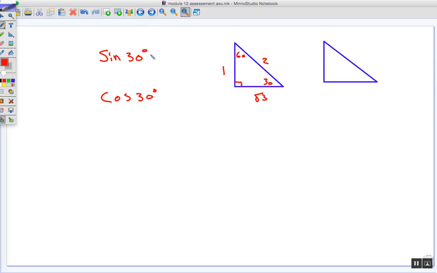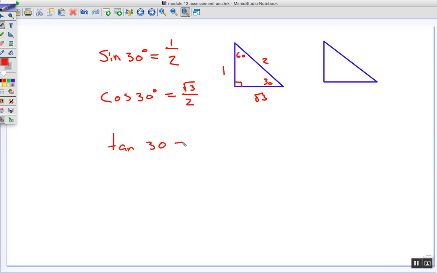So the sine of 30, so I look at 30, there's my angle of interest. Sine of 30 is equal to opposite over hypotenuse. So sine of 30 is equal to 1/2. Cosine of 30 is equal to the ratio of the adjacent side to the hypotenuse, so that's square root of 3 over 2.